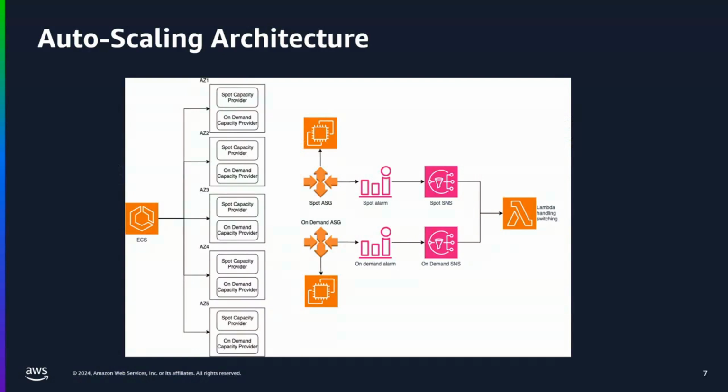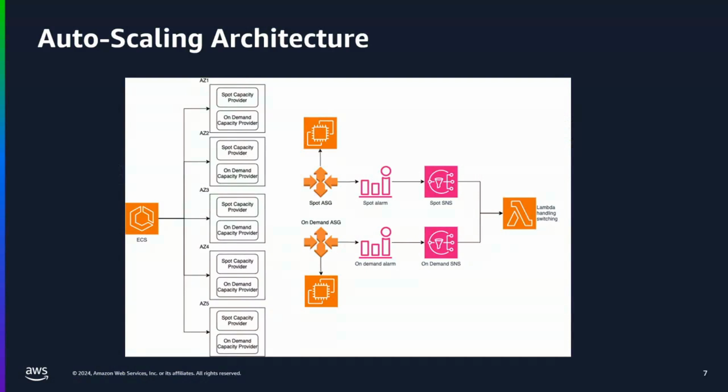NLBs come with a hard quota limit of a maximum of 1,000 instances per target group per AZ, which worked in our favor because now we have an option to scale further. So we used 5 NLBs, 1 NLB per AZ. That's a fixed IP. What that means is now I can scale per AZ.